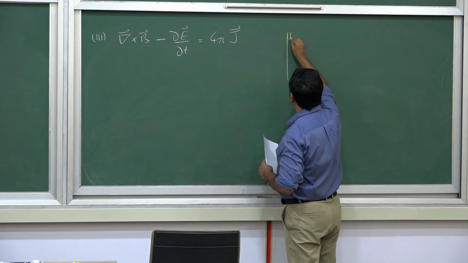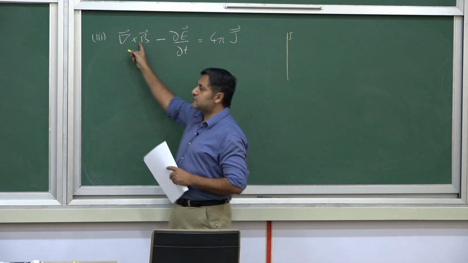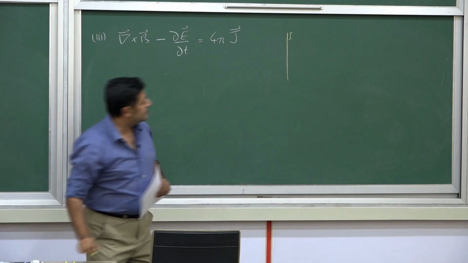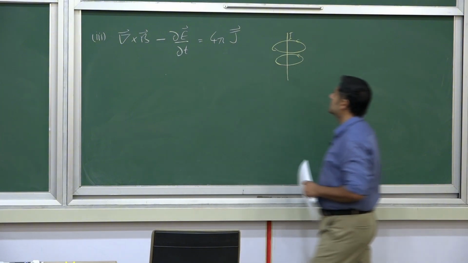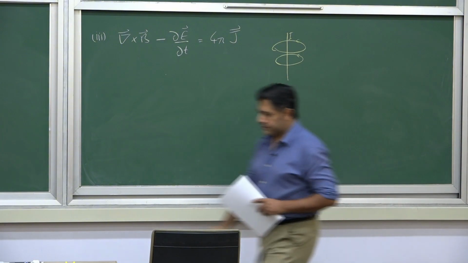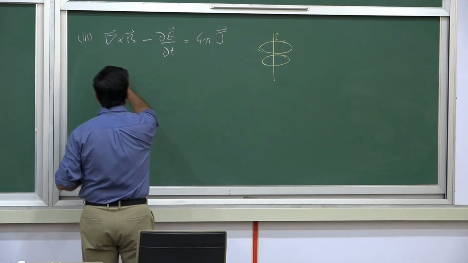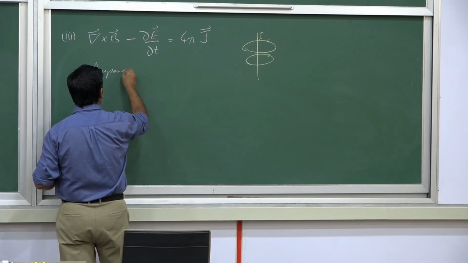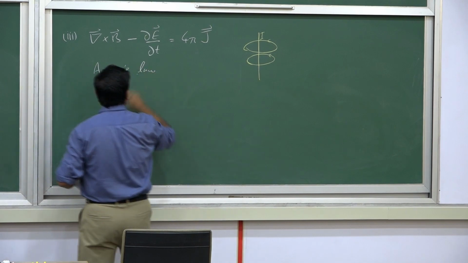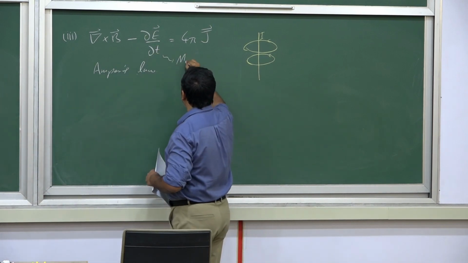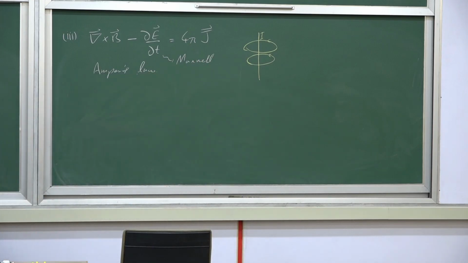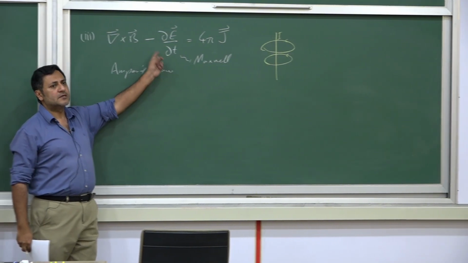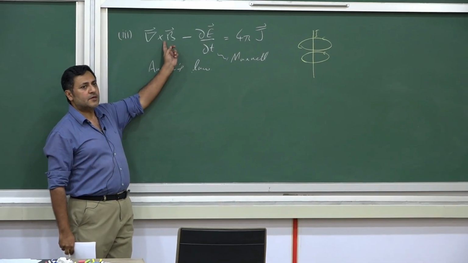If you have current in a wire, it will produce a curling magnetic field around it. We are also familiar with this, and this is the form of it. There is this extra term, Maxwell's invention, which makes it very symmetric to this. It's telling you a changing electric field is also going to induce a magnetic field.